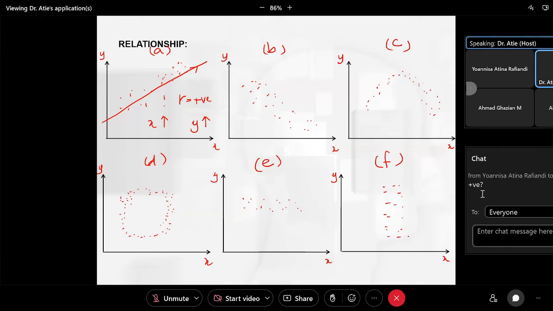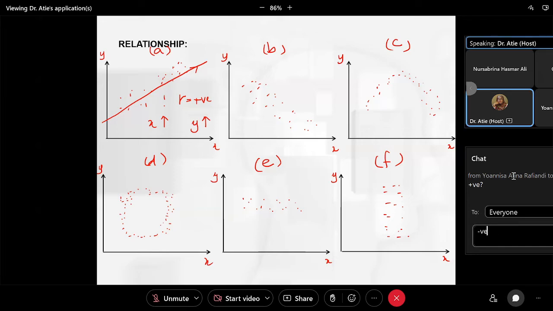How about graph B? What do you think? Is there any relationship between X and Y?